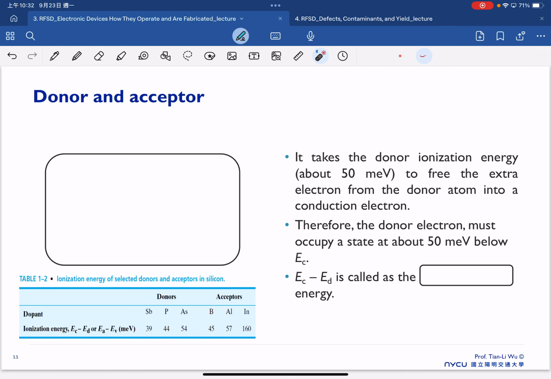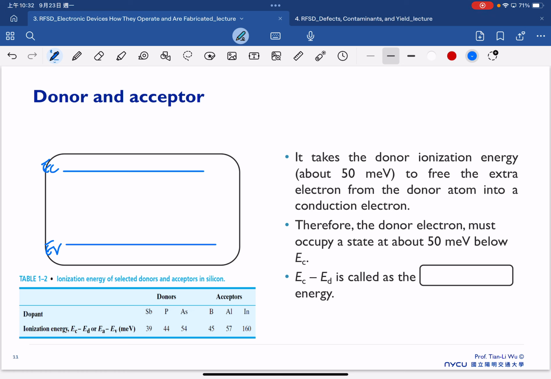And this band diagram can also be one way to understand the donor and acceptor knowledge. So assume we have the band diagram like here. So we have the EC and EV here.